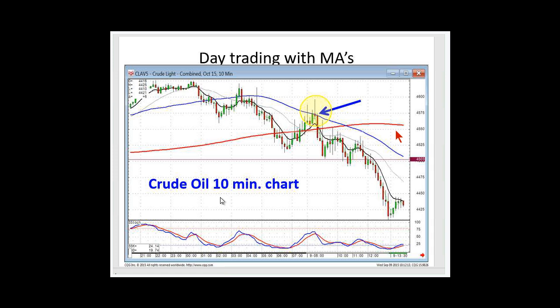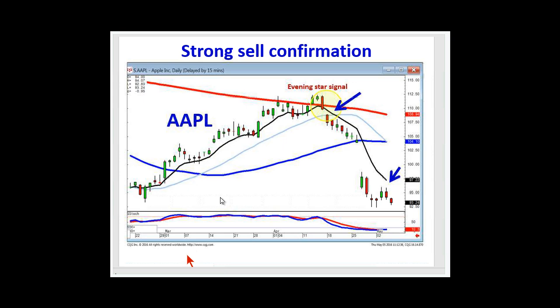All right, so no matter what time frame, the moving averages work as expected support and resistance levels. Now, that is different than the T-line, because when it comes down through or up to a moving average, or comes up through the T-line, remember, nobody has the T-line on their chart.